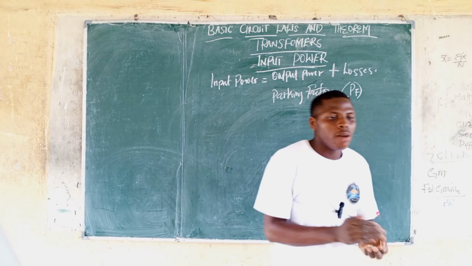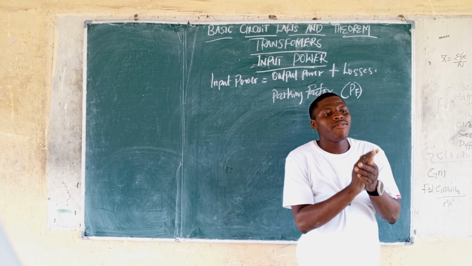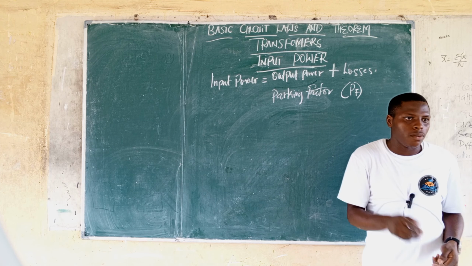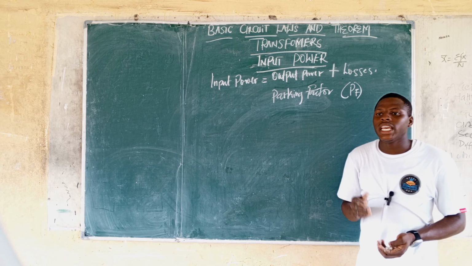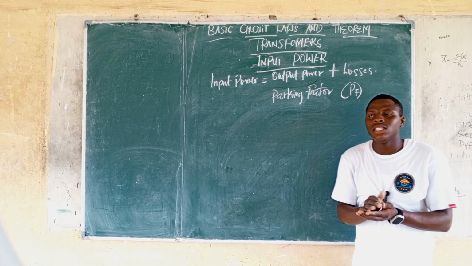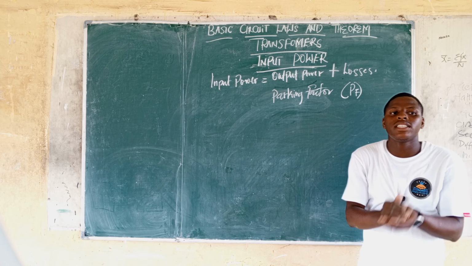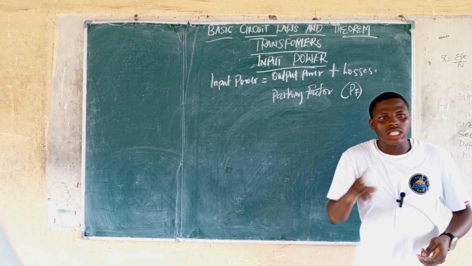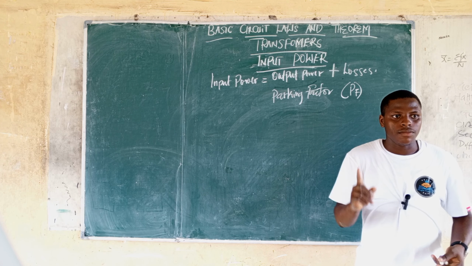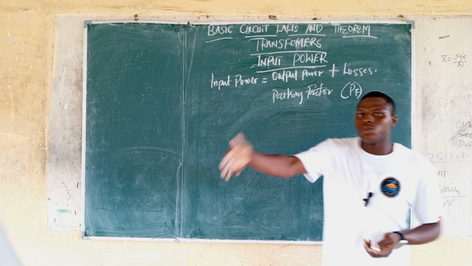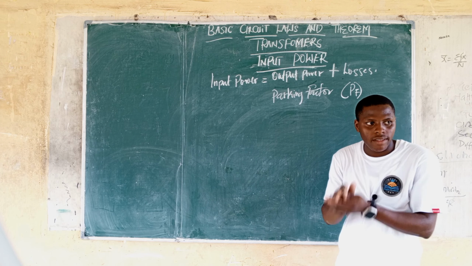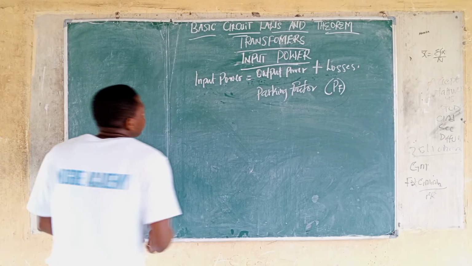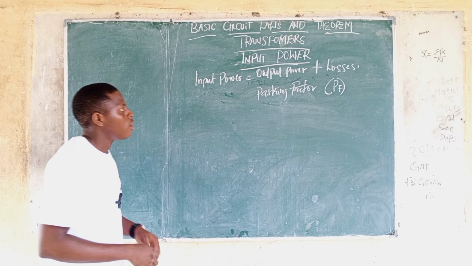The packing factor helps to measure the effectiveness of the coil in the secondary side of your transformer, how the windings of the secondary transformer are. So when you are calculating for the output, you are adding that packing factor.